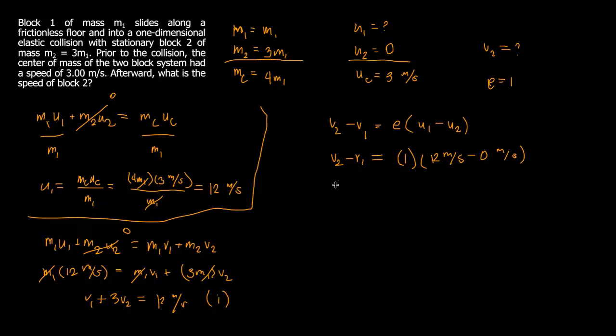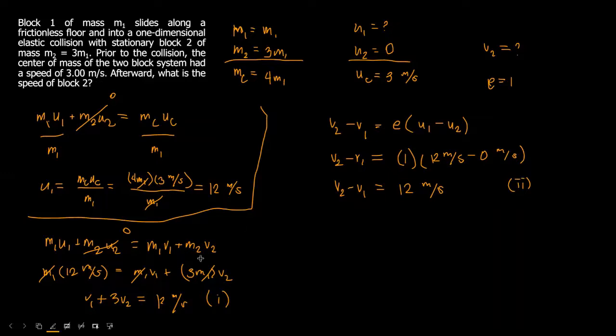So v sub 2 minus v sub 1 equals 12 meters per second. That's our equation number 2.